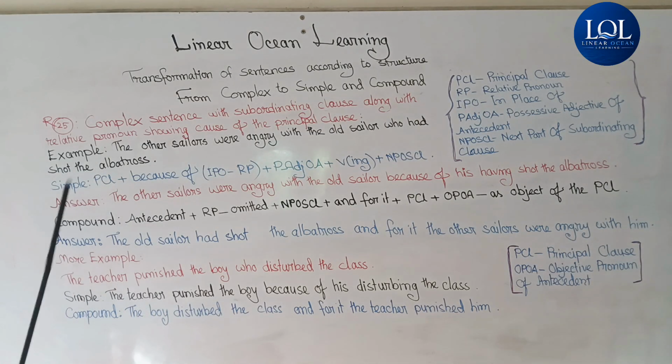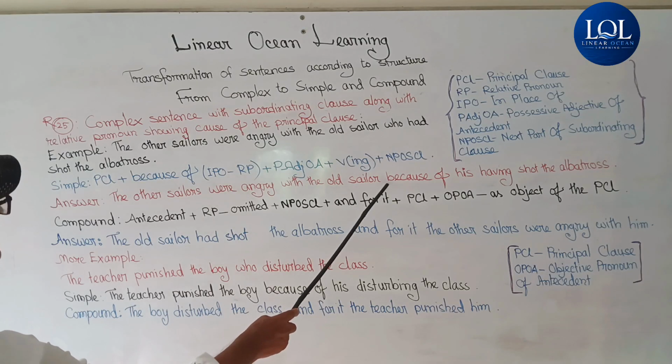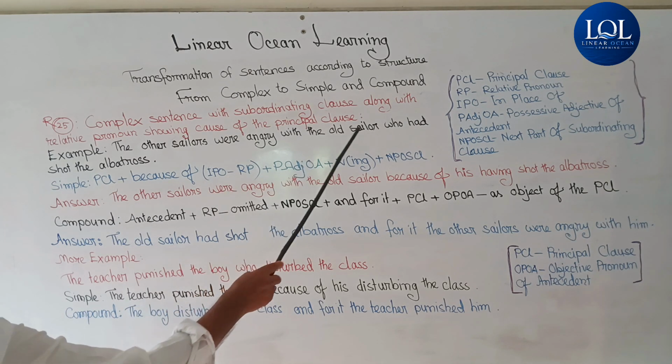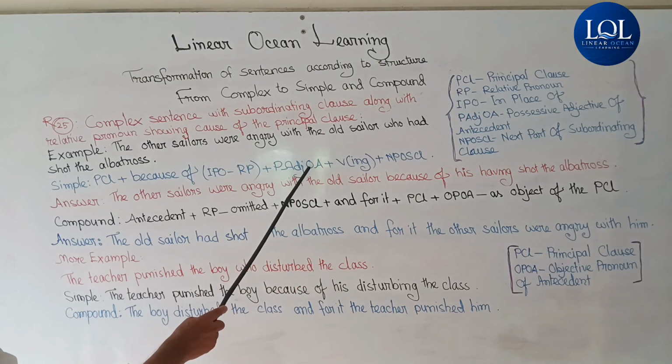Now, if we follow the structure, the simple sentence we will get is: The other sailors were angry with the old sailor because of, that means IPO-RP. Here we have to write because of. Then PADJ-OA, that means possessive adjective of antecedent.